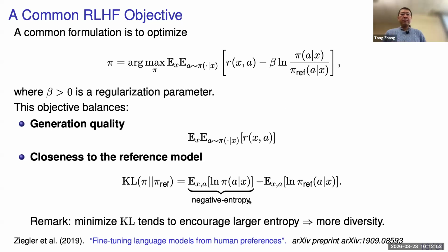This is automatically encoded in your objective function. It encourages larger entropy, more diversity, and so on, because of this decomposition of your KL. Anyway, this is an objective function we will come back to later on.